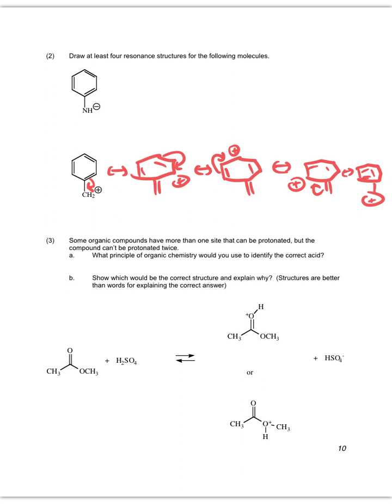And the one on the top, we have a nitrogen with two bonds, two lone pairs, so it's got a negative charge. So all we can do is send the electrons down to form a double bond and break a double bond.